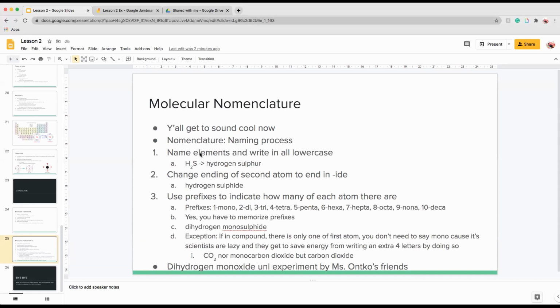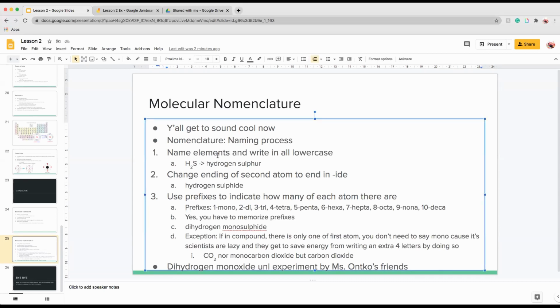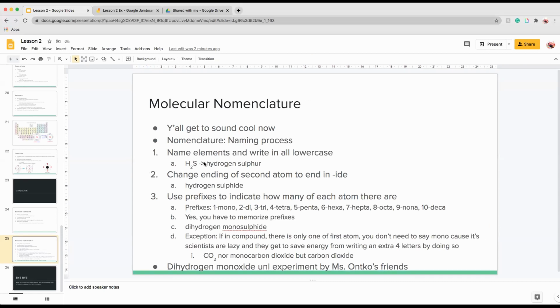To name a molecule, first you take the names of the elements in it and write them in all lowercase. In this case, the elements are hydrogen and sulfur. You change the ending of the second atom to end in -ide. So instead of hydrogen sulfur, you write hydrogen sulfide. Then you use prefixes to indicate how many of that atom there are in the molecule.